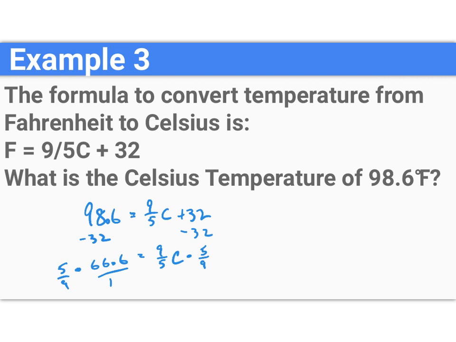All right, 66.6 times 5 divided by 9 equals 37, using our calculator. Okay, so that is our third example.